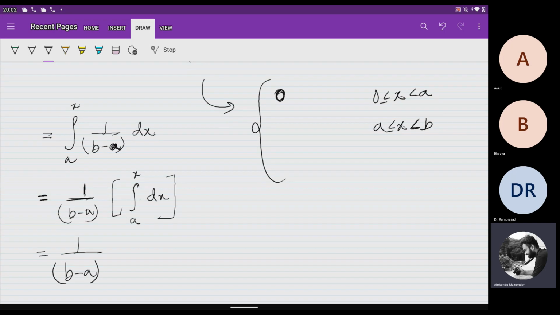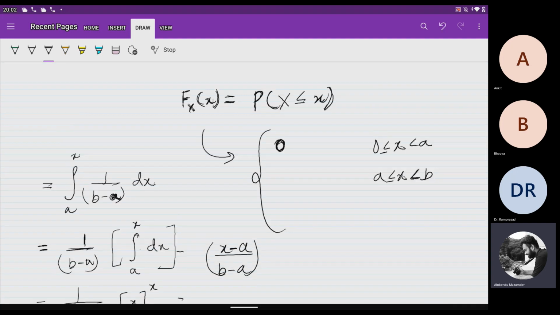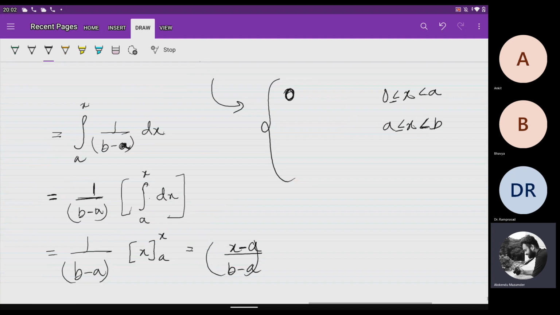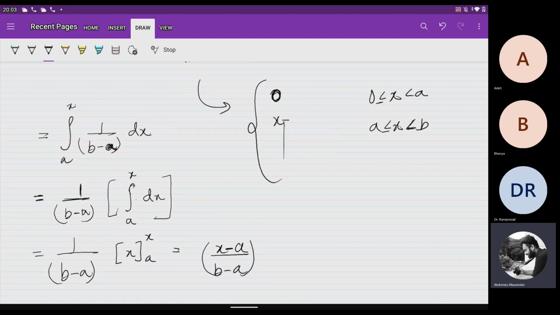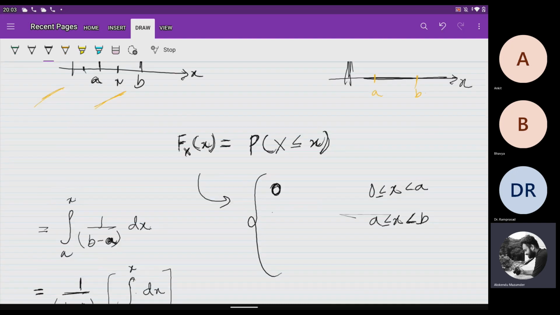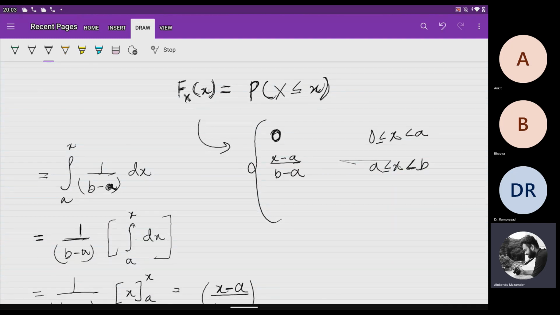It will be x minus a, right? So it's basically a linear curve, right?